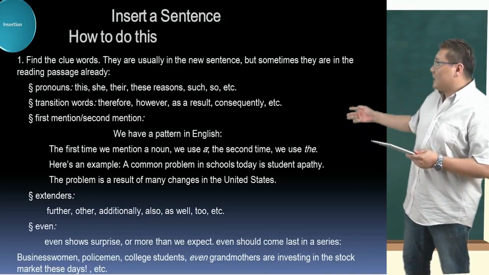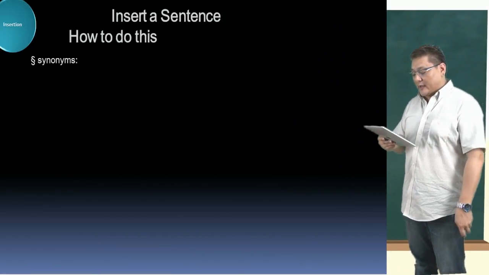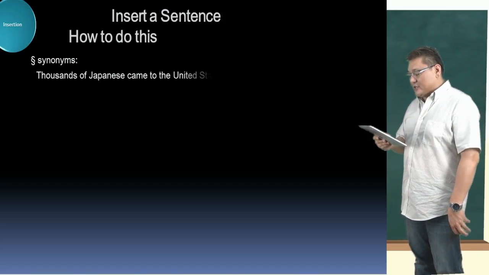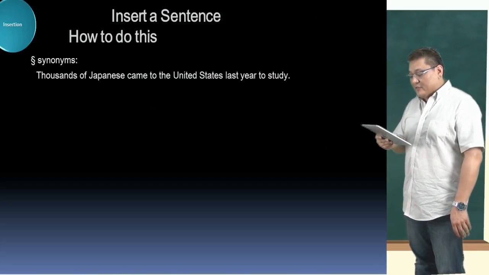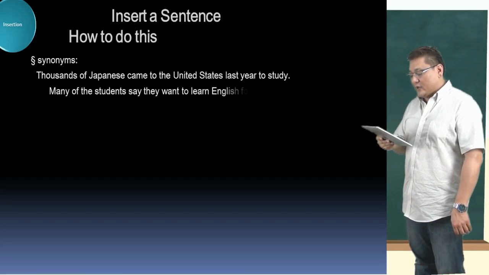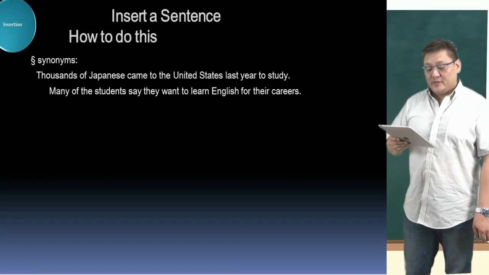The other one we're talking about is synonyms. Okay, now you guys all know. For example, here, thousands of Japanese came to the United States last year to study. Many of the students say that they want to learn English for their career. Okay, what are the synonyms in here, everyone? You take a look.